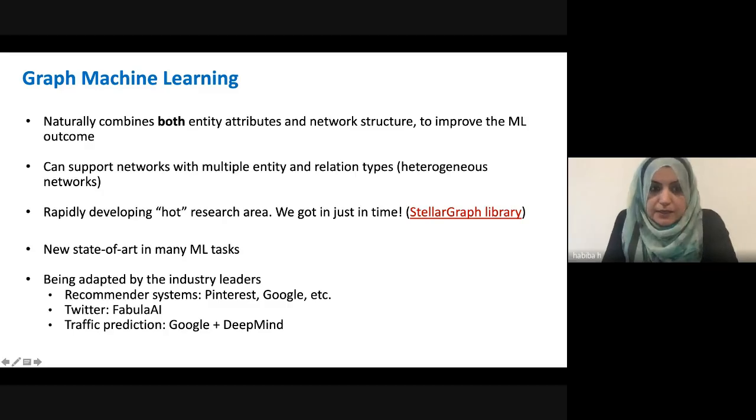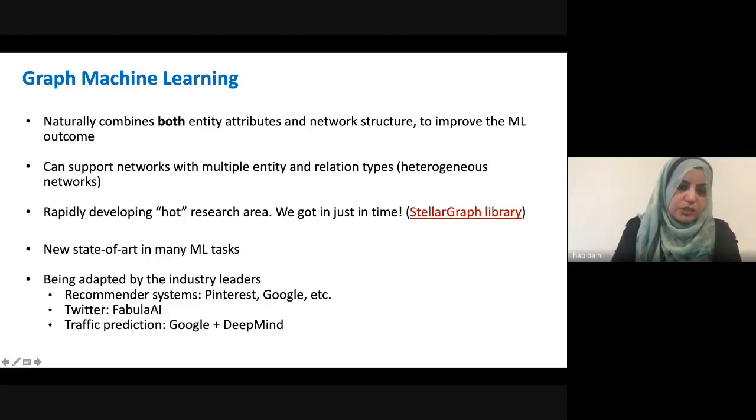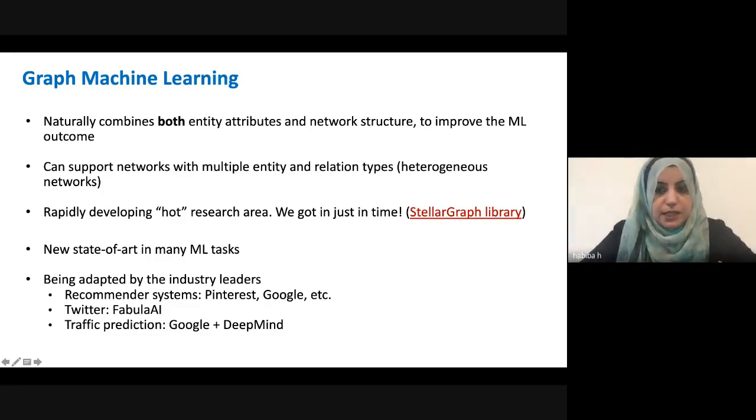This is a highly popular research area in the last 5 or 6 years. It's been catching up quite a bit in many of the main machine learning conferences. You would now find a lot of work done on graph machine learning, and it's just one of the hot topics.